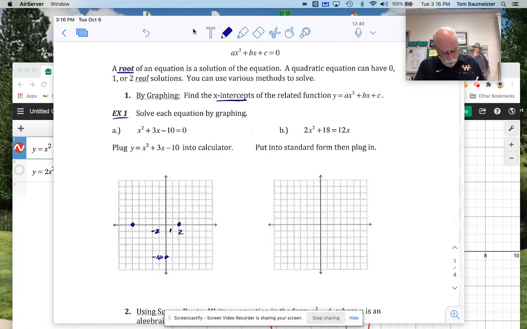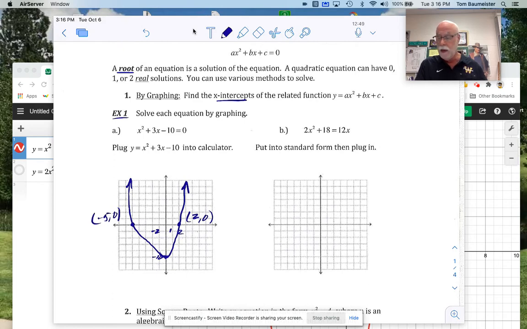So again, if we draw the picture, and again, I'm sorry that wasn't a great one, but I'm trying to get done before I run out. So our x-intercepts here were at 2 and 0, and at negative 5 and 0.